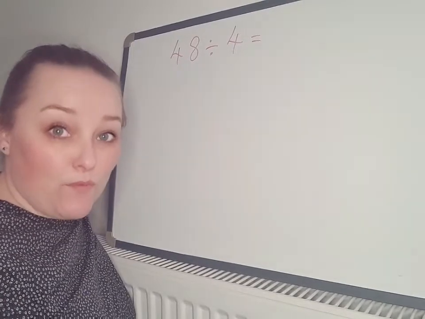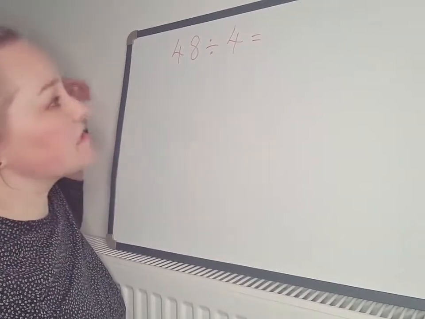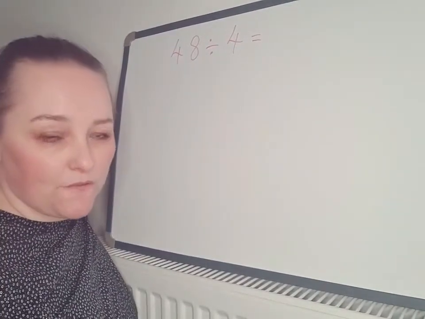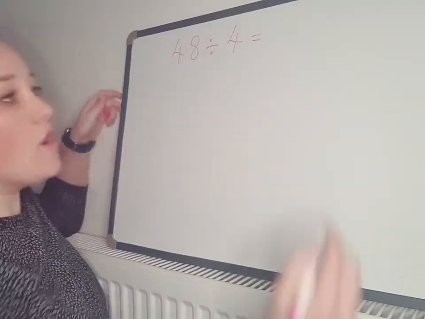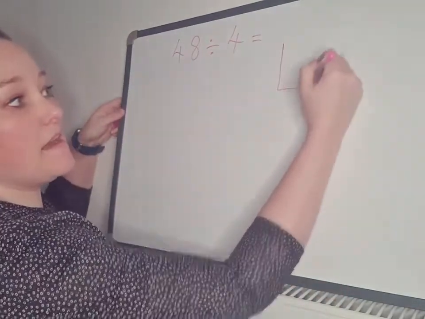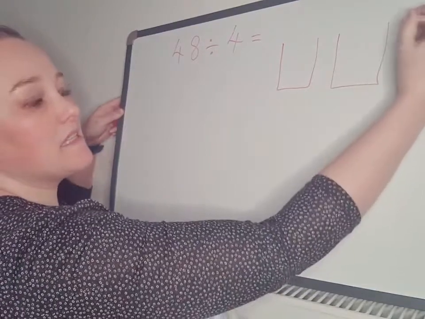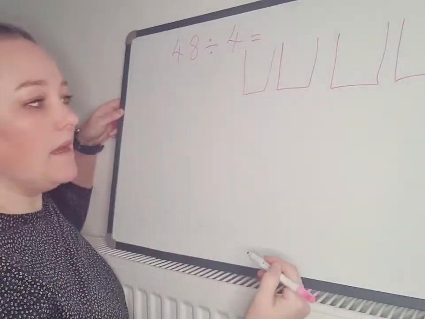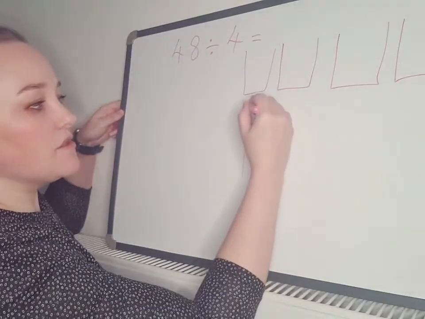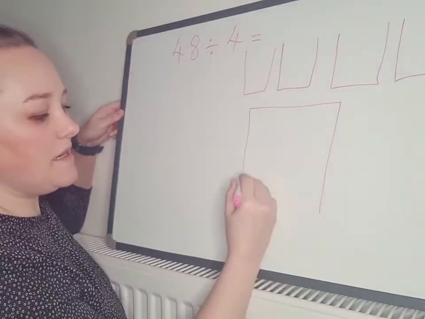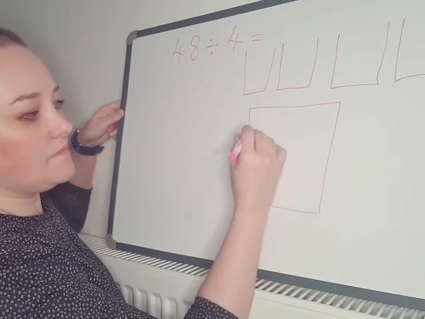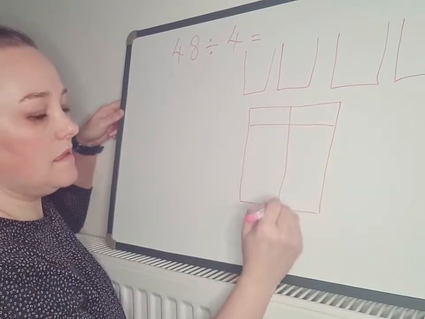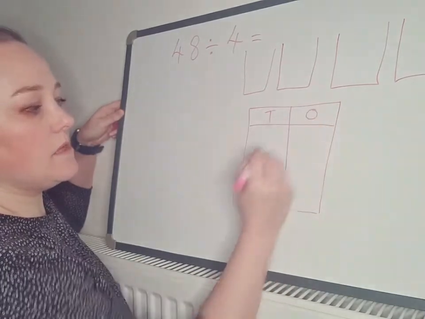Okay, a little recap of what we've done over the last few days. So we're going to start with 48 divided by 4. So we could either have 4 little bags to put them in, and we can split them that way, or we can do a place value grid, tens and ones.